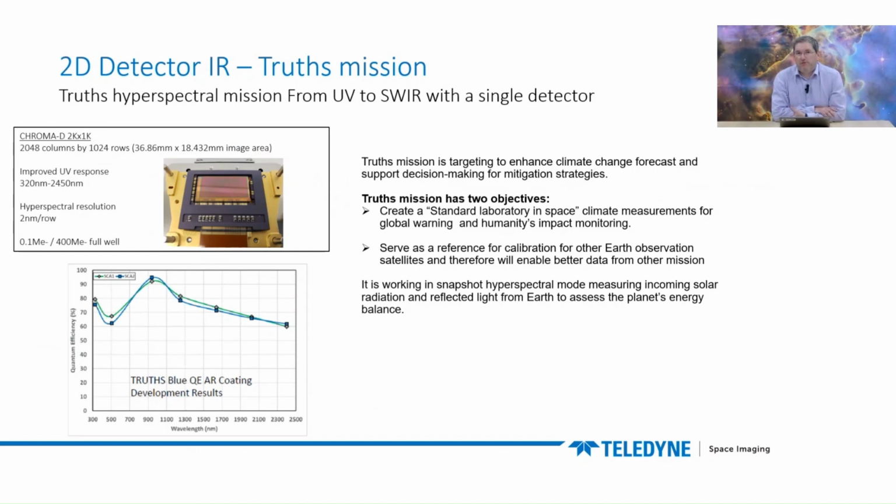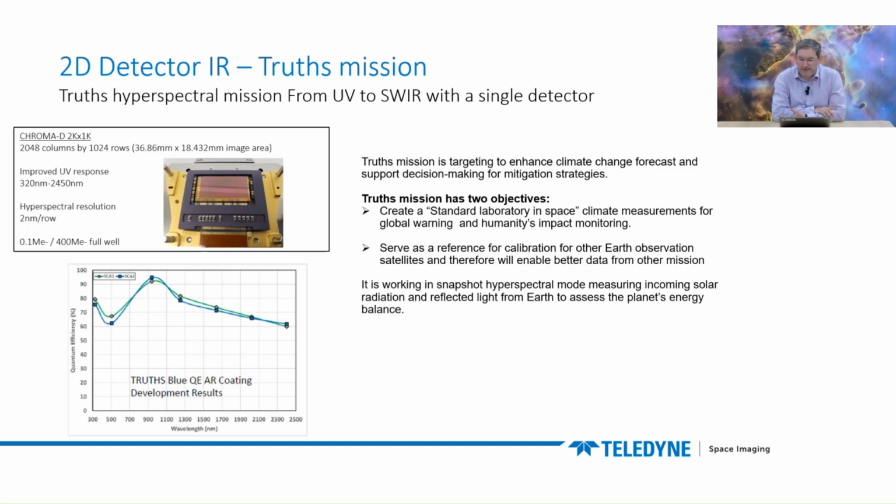This is an example from the TRUTH mission, where we use a single detector, sensitive in the visible and in the infrared. This is based on MCT material with substrate removed. The name of this detector is ChromaD, a 2K by 1K, and it is used in the TRUTH mission.